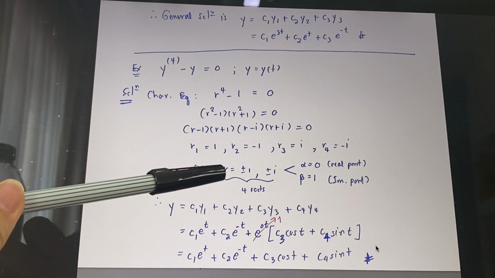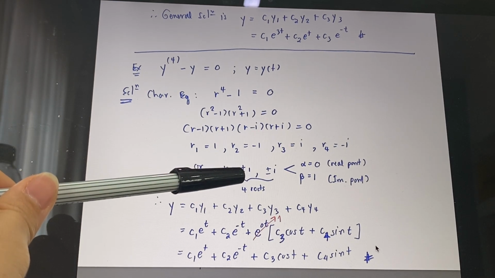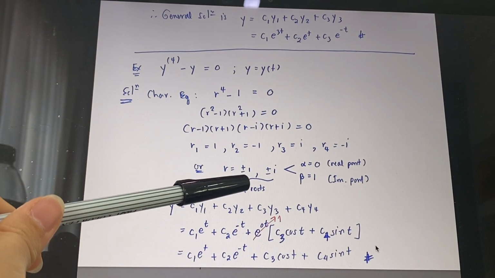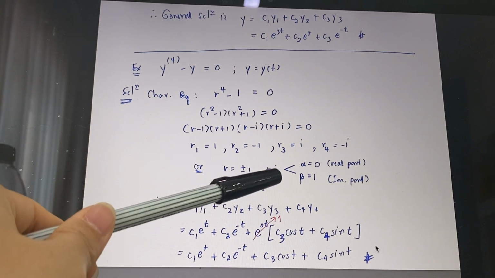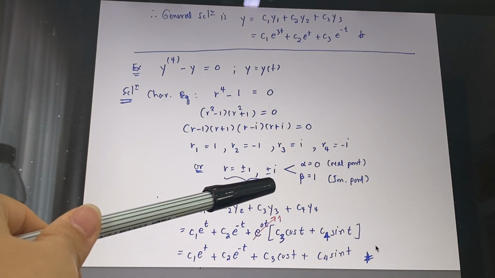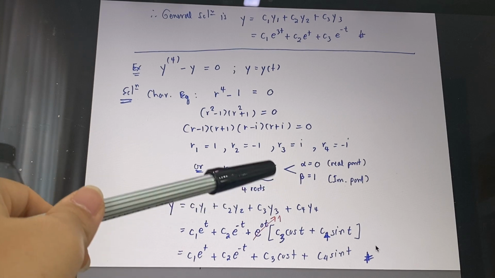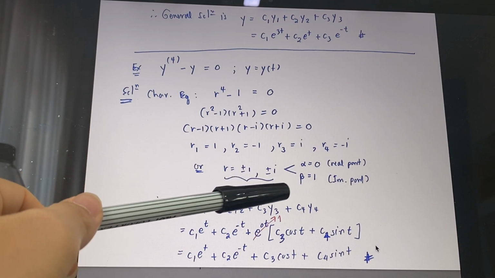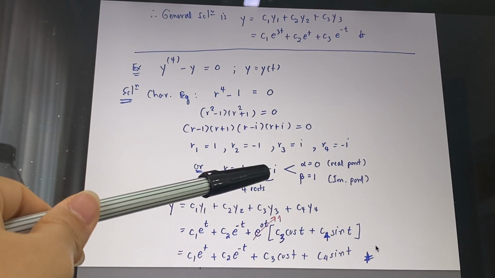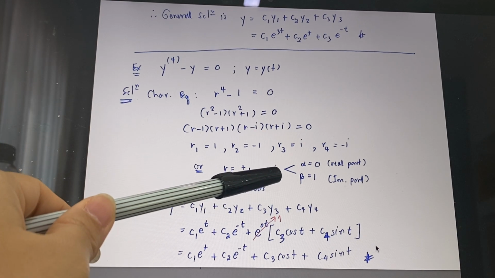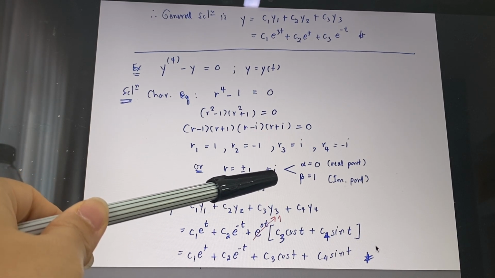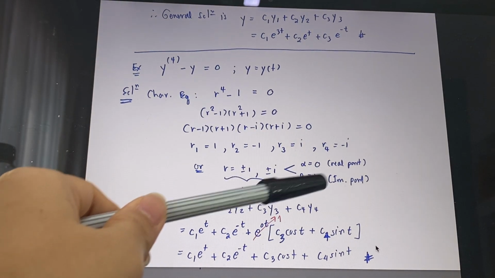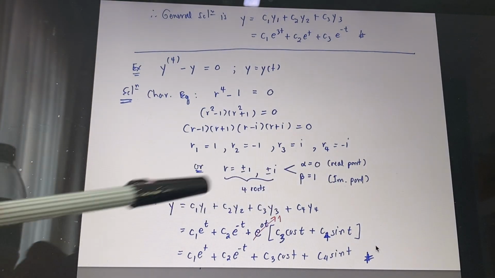This one, r equal to plus and minus 1, is distinct real numbers. How about this one, plus and minus i? This one is a complex number with alpha, the real part, equal to 0, plus and minus 1i. So beta equal to 1, the imaginary part.